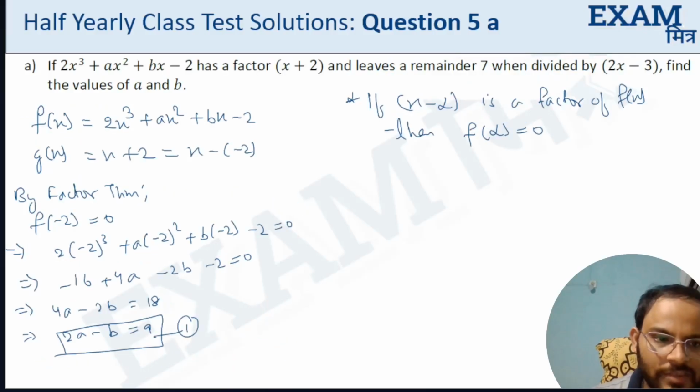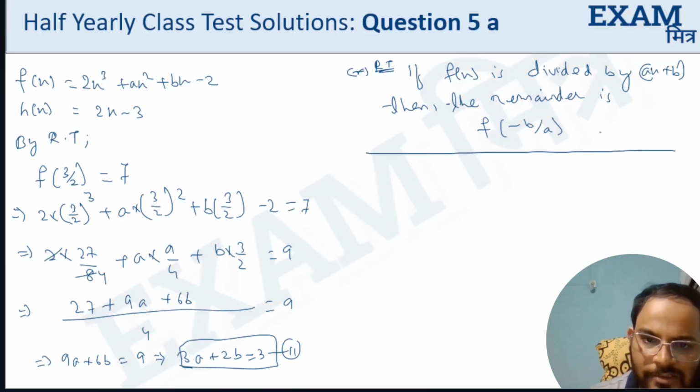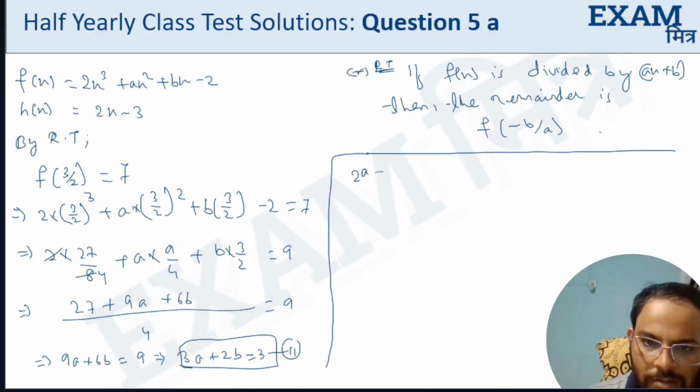Now the first equation that we got was 2a minus b equals to 9. The second equation is 3a plus 2b equals to 3. Now we just need to solve these two, and that's the answer. So the first is 2a minus b equals to 9.